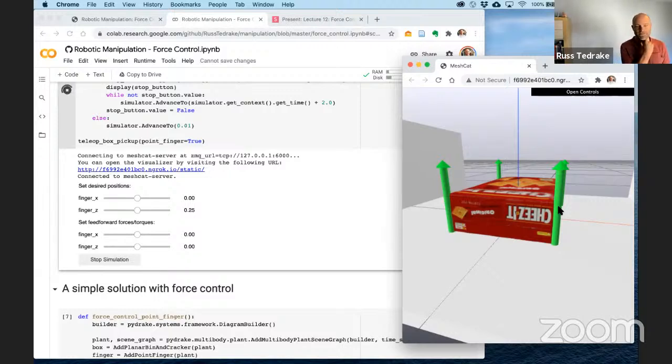You would probably have to know the geometry quite precisely in order to tip this thing up. It would be nearly impossible to do the type of maneuver we're doing here. I'm sure you could get it to work, but it wouldn't be as clean as what we're going to be able to do.